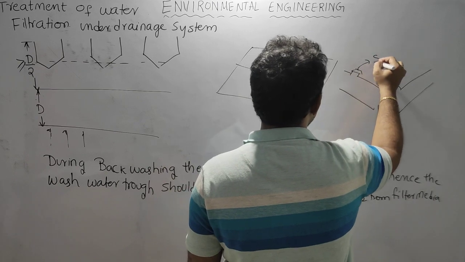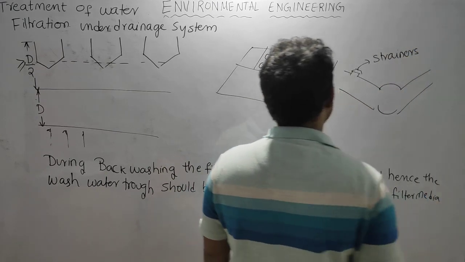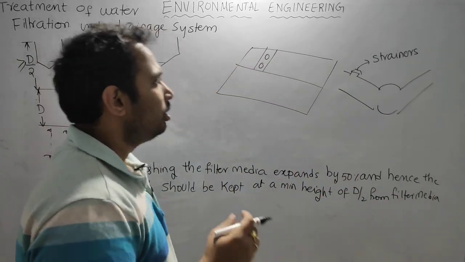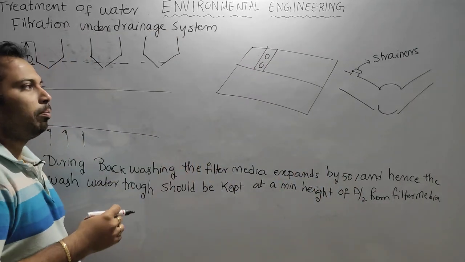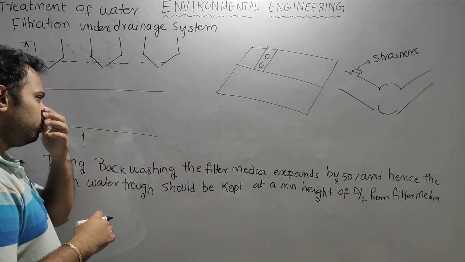These are called strainers, that means a net kind of porous member through which we send the water.